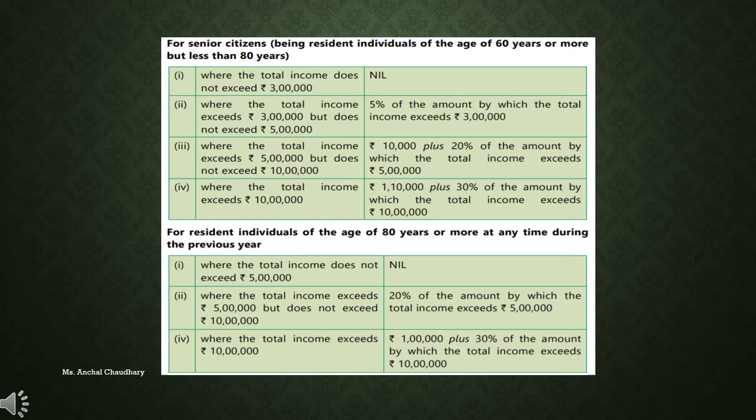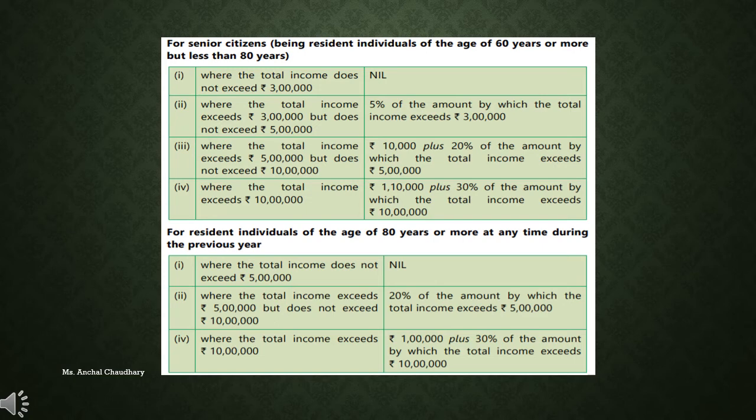There is a third situation also, when a person's age is above 80 years. In that situation your income will be exempted up to 5 lakh.